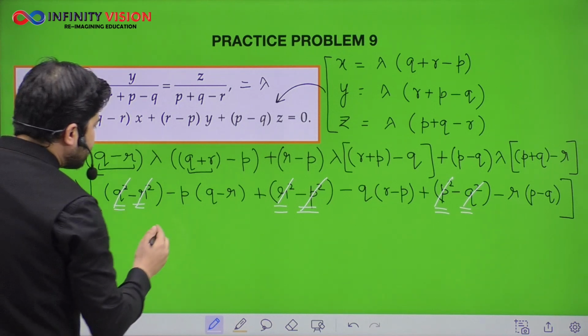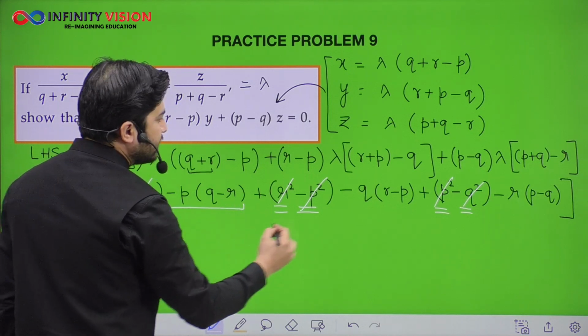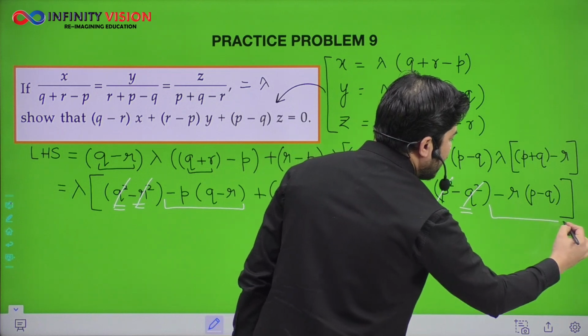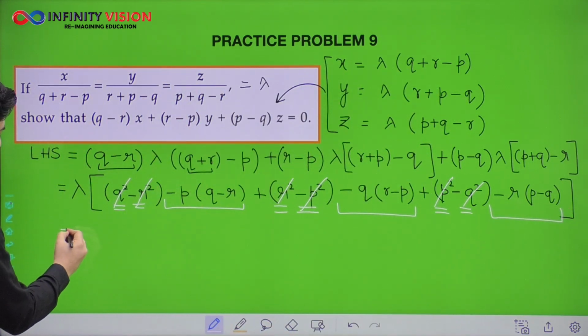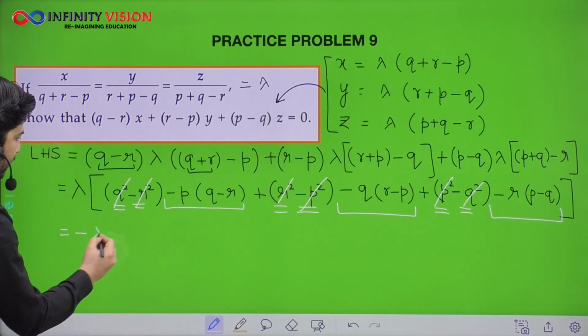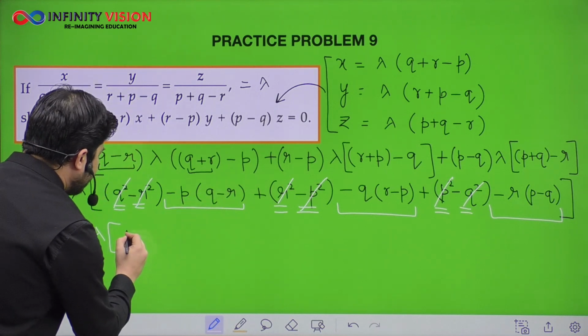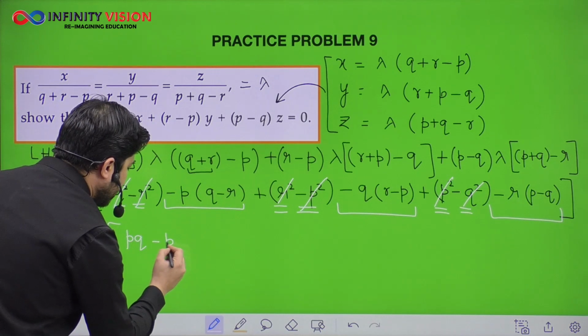Now you will notice minus p into q minus r, your first guy, then minus q into r minus p, the second guy, and minus r into p minus q, your third guy. So minus can be taken out and I'll write minus lambda, and if I open the bracket, p into q would be pq and p into minus r would be minus pr.